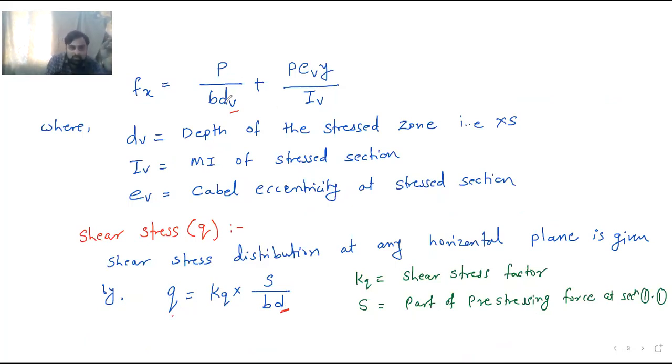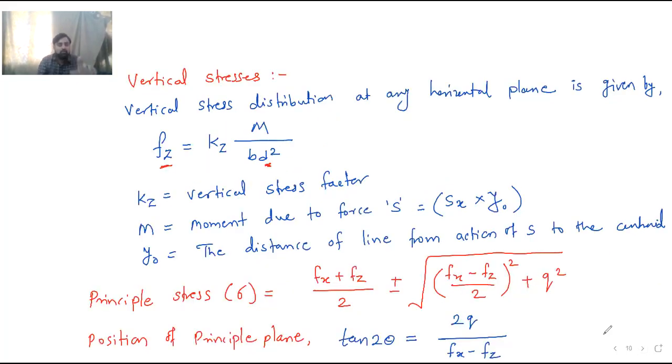Now dV, here it is not the depth; here it may come d or it may not be d, depending upon the section where that point is situated. It is for the horizontal stresses. Now for the shear stresses and for the vertical stresses, it is d.